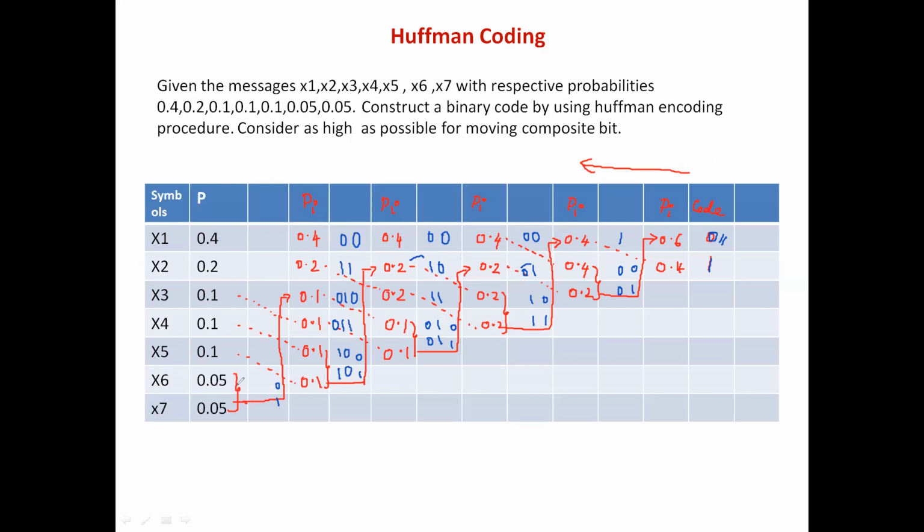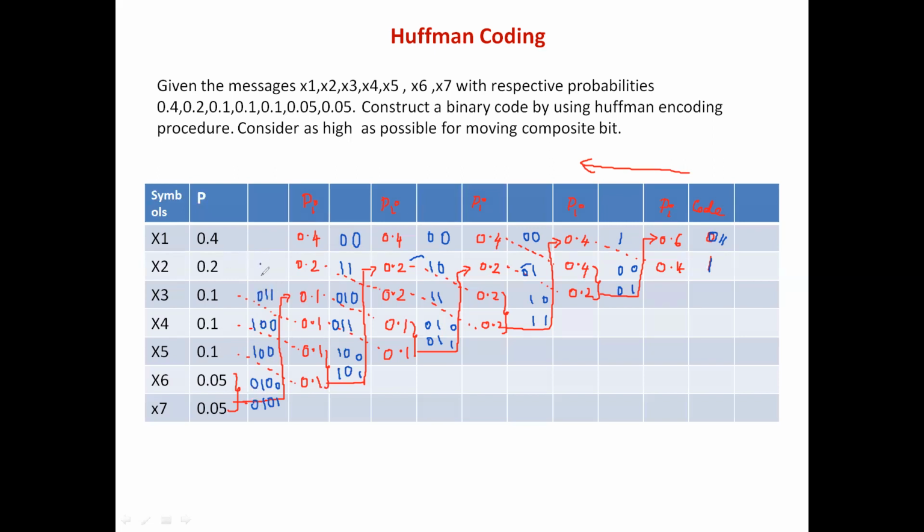Next, 0.05 and 0.05 are combined and have the value 0.1. The code of 0.1 is 0, 1, 0. So it is 0, 1, 0 for both the values, extended with 0 and 1. For the other 0.1 the value assigned is 1, 0, 0. For this 0.1 here I am having 0, 1, 1.